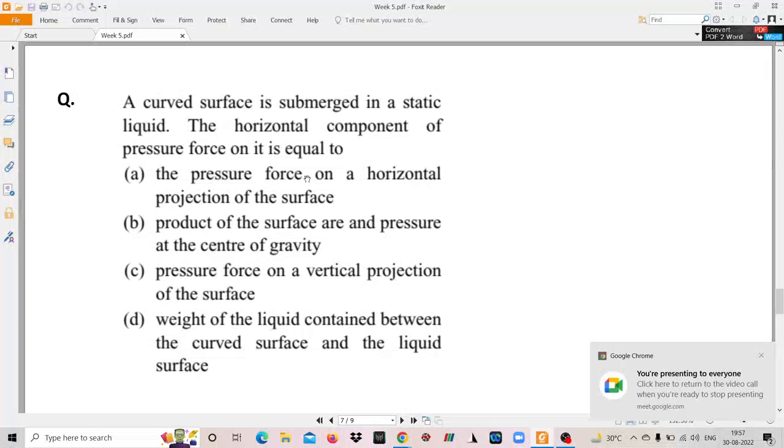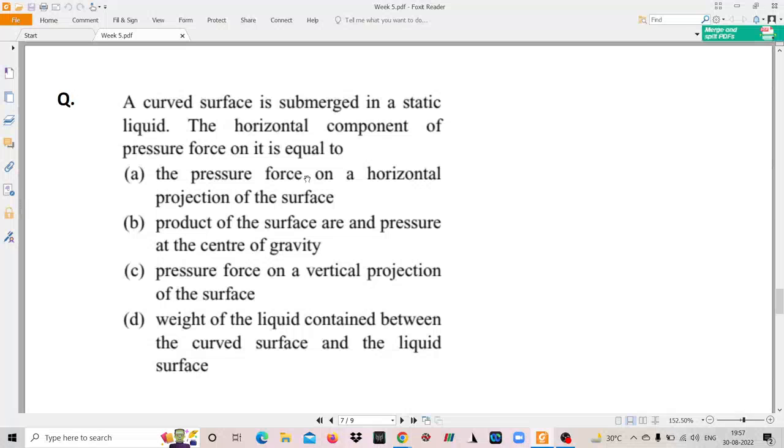Okay. So next problem, it is on the total hydrostatic force on surfaces. A curved surface is submerged in a static liquid. The horizontal component of the pressure force on it is equal to: A, the pressure force on a horizontal projection of the surface; B, the product of the surface area and pressure at the center of gravity; C, the pressure force on a vertical projection of the surface; and D, the weight of the liquid contained between the curved surface and the liquid surface.